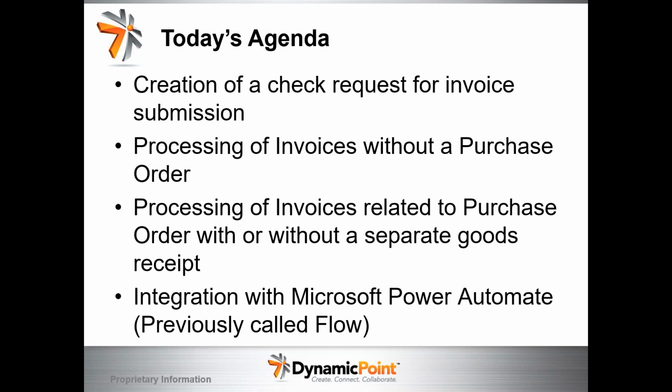That's going to be our plan today. We could probably get through it all in a little over half an hour, so we'll probably end in about 30 minutes or so.